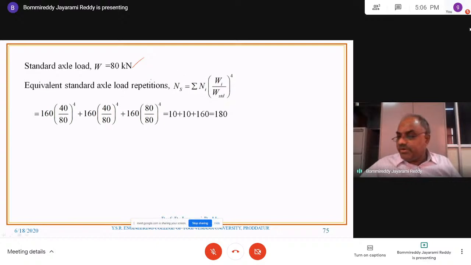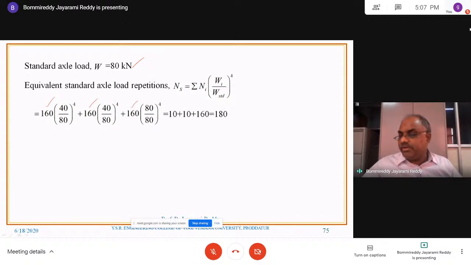So you know the formula, equivalent number of repetitions. Already I told you earlier that this is the number multiplied by the equivalent factor corresponding to the standard load: 160 into (40 by 80) whole power 4, and again 160 into (40 by 80) whole power 4, again another 160 into (80 by 80) whole power 4.